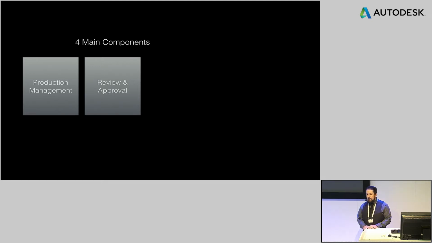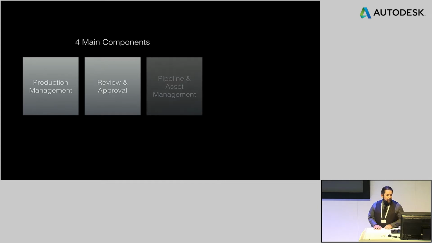We built web-based review and approval tools that work in our cloud-based solution, as well as some installed components that integrate with the RV player, where you can review your high-res output frames. And then we have pipeline and asset management components. This is where we tie Shotgun, this cloud-based database, into the tools that your artists use every day to do their work.